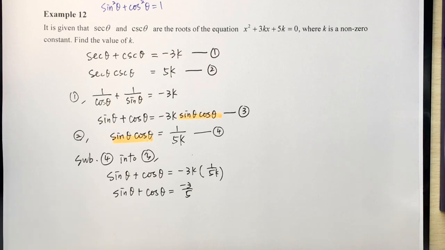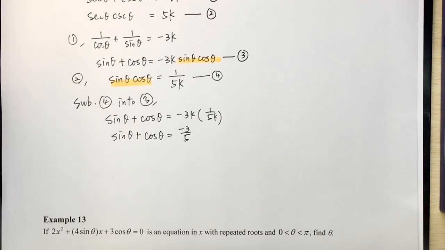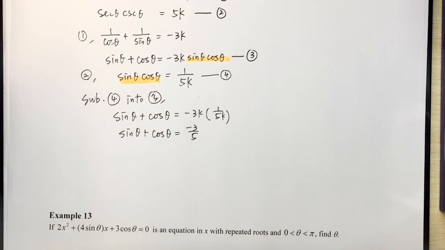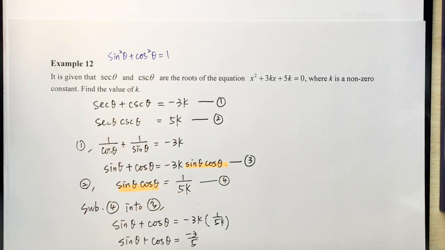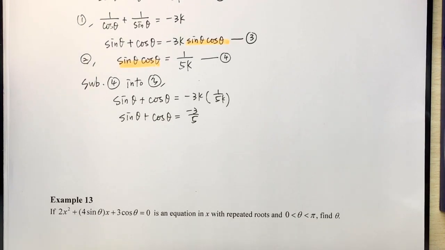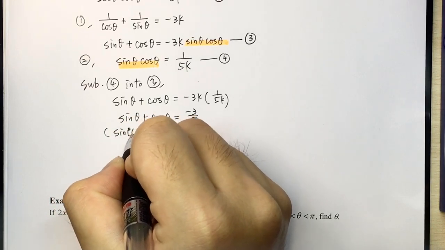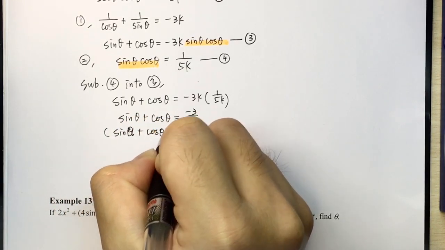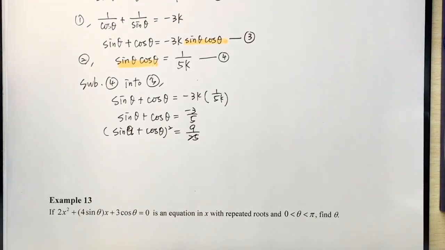Okay, and what to do next? In the previous exercise, you should meet something related to sine plus cosine, and I also gave you a hint at the very beginning that we may need to use the sum of the squares of them is 1. So we try to take squares on both sides.